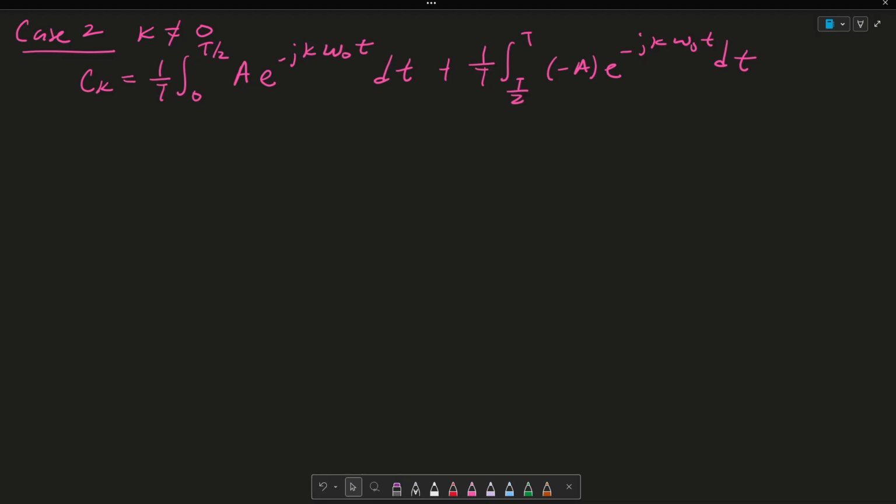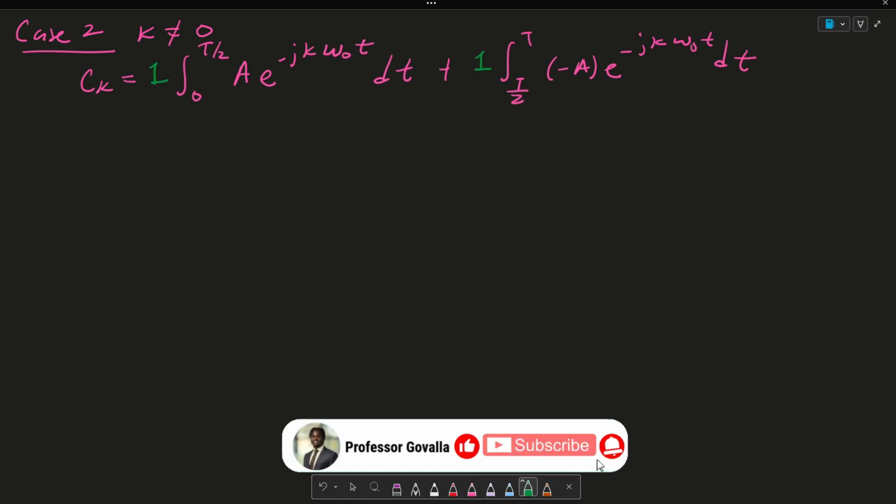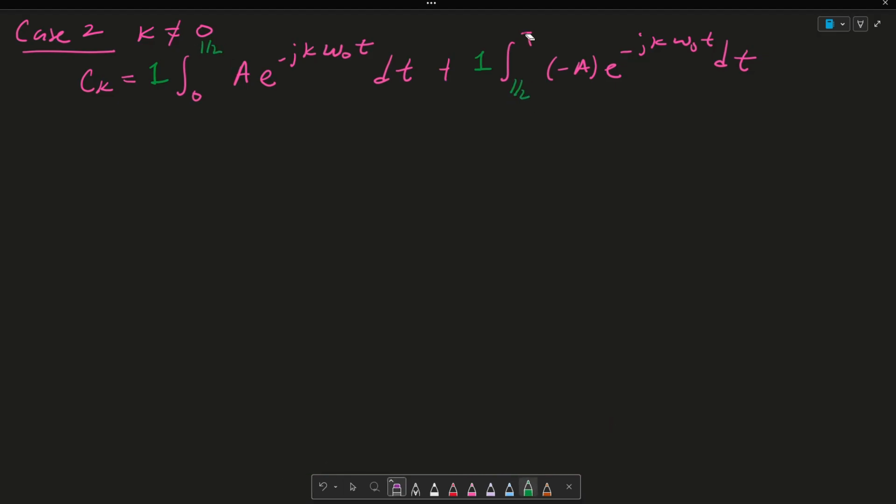Let's simplify it for T equal to 1. So what I'm going to do here is essentially this just becomes a 1. This here becomes a 1. This here becomes a 1/2. And this here becomes a 1/2. And this here becomes a 1.